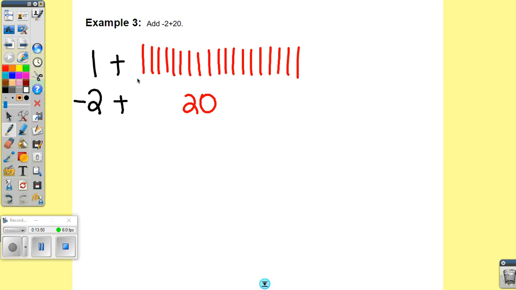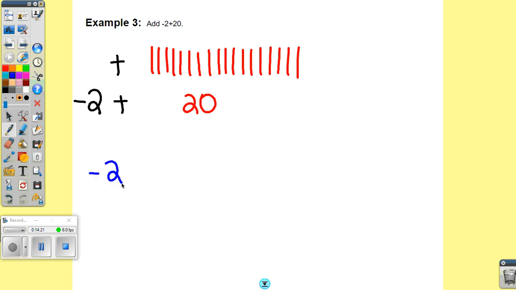I still have one black and I still have some reds left over. So I'm going to get rid of one more black and one more red. And by doing so, I only have red popsicle sticks left over. So I know that I'm done canceling out my popsicle sticks because I'm only left with red popsicle sticks. So this that's left over, that's your final answer.